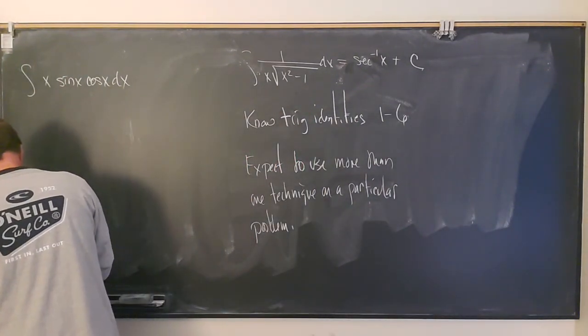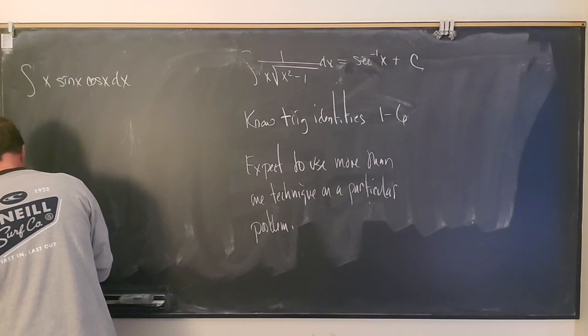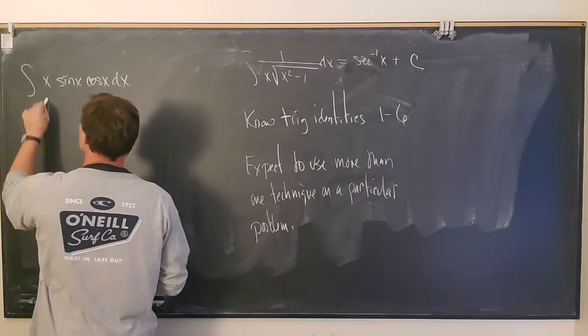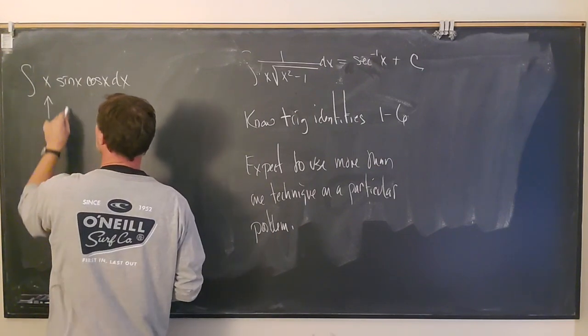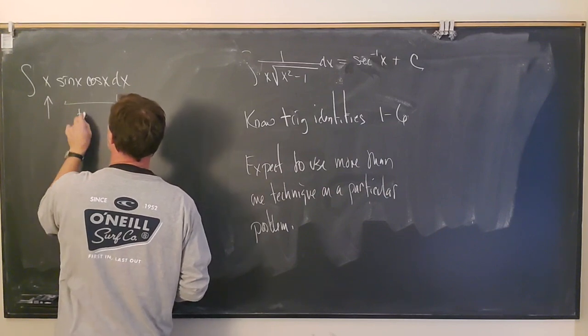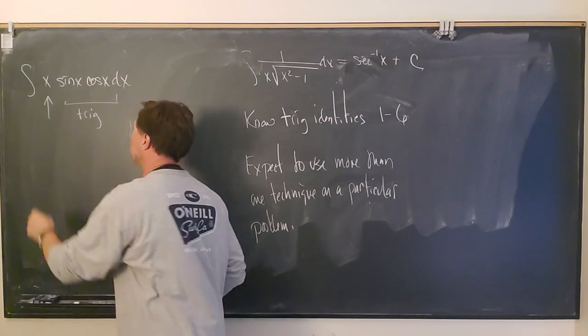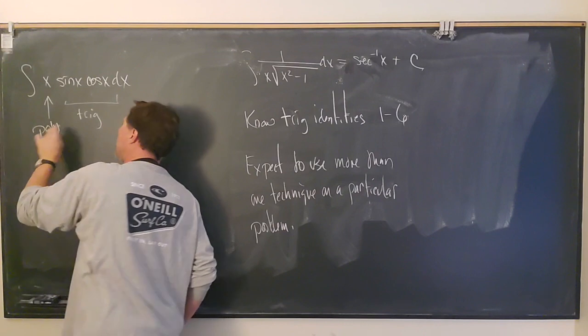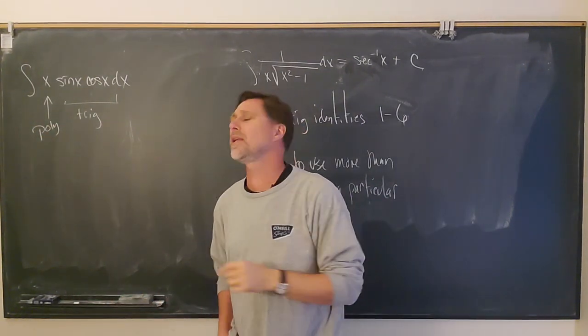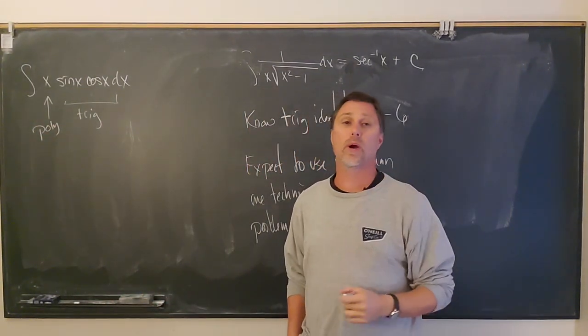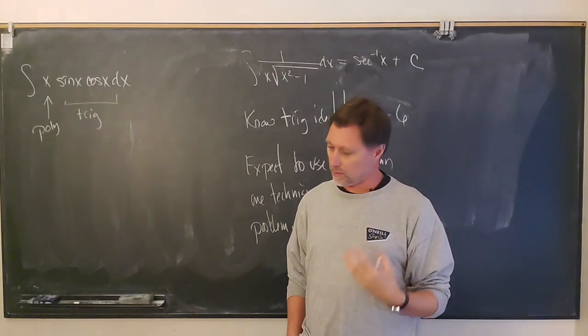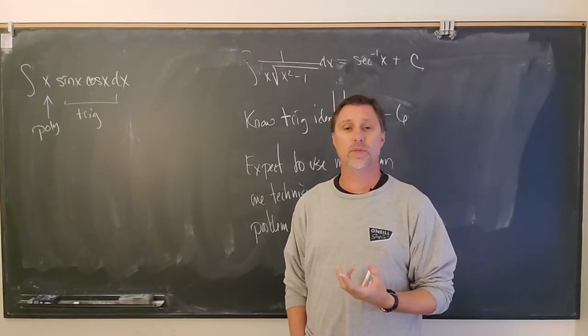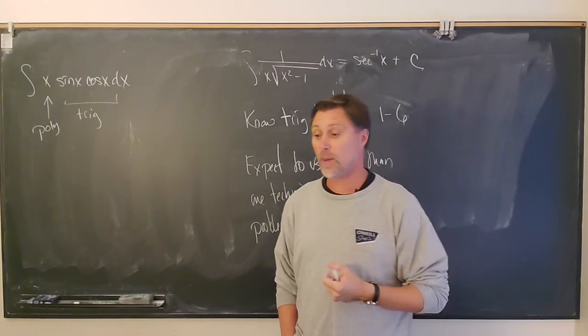But this is polynomial times trig. When you have polynomial times trig, you immediately want to think integration by parts. Almost always, unless it's been rigged to do some kind of substitution, this is an integration by parts problem.